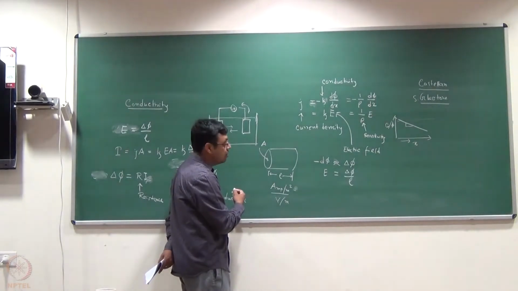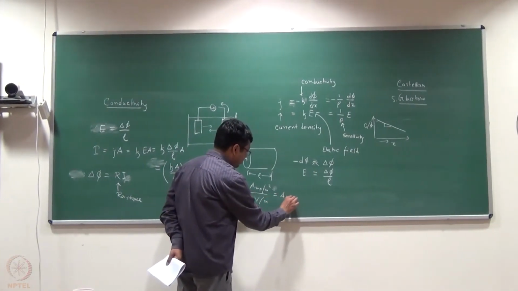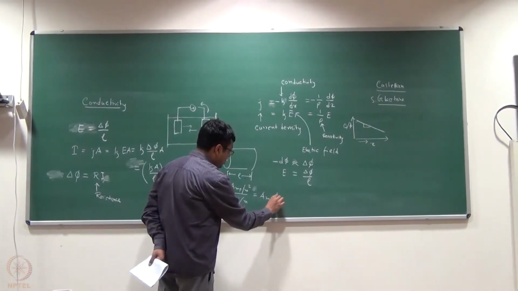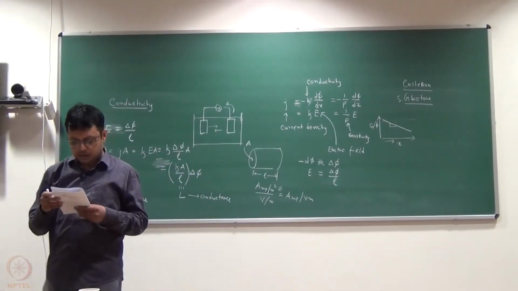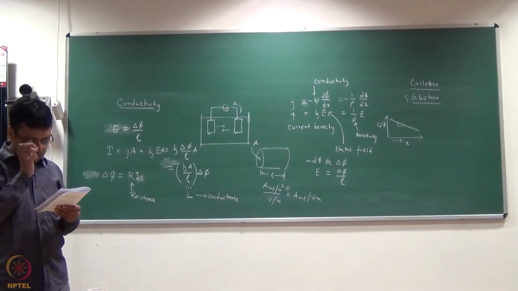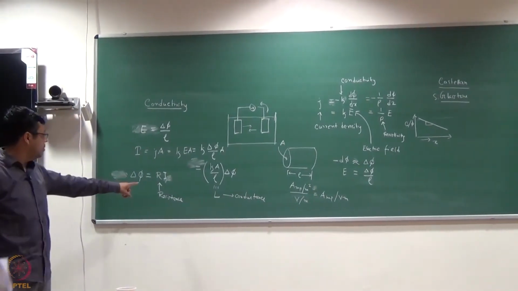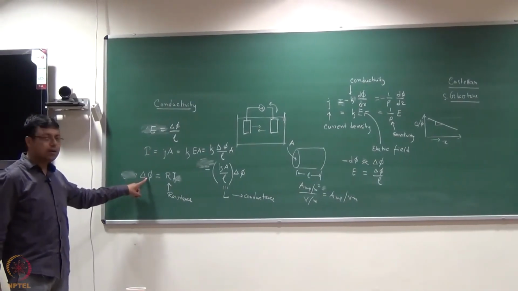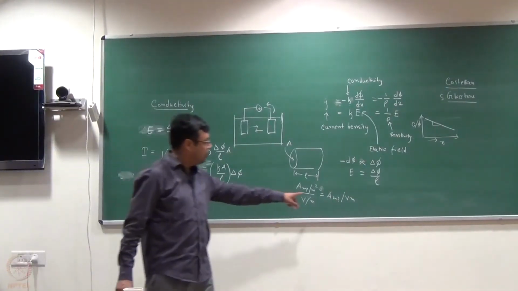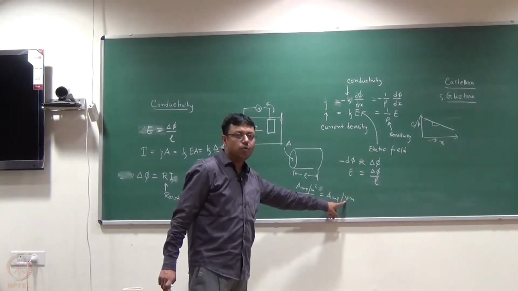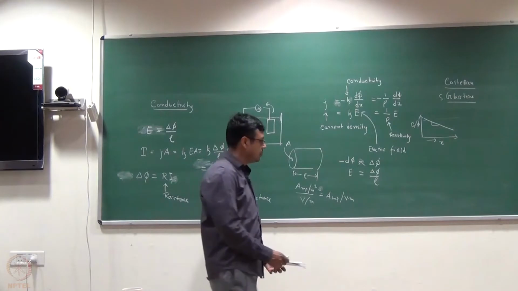So the unit of kappa is ampere per volt meter, right? Now you know the resistance unit is ohm, which we wrote as volt per ampere. So you can see that ampere per volt is ohm inverse, and you can write it as ohm inverse meter inverse also.